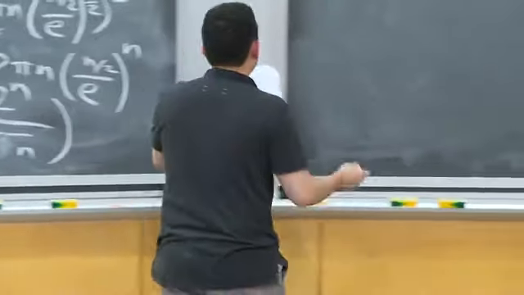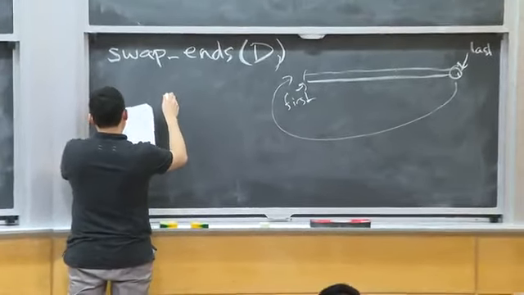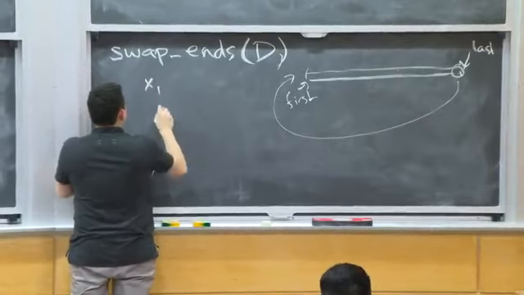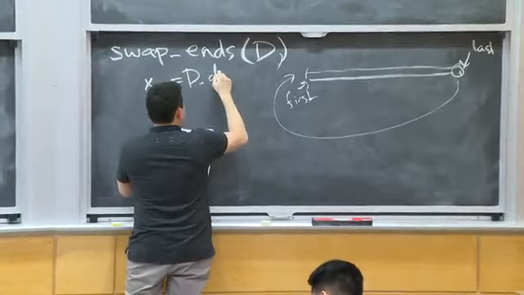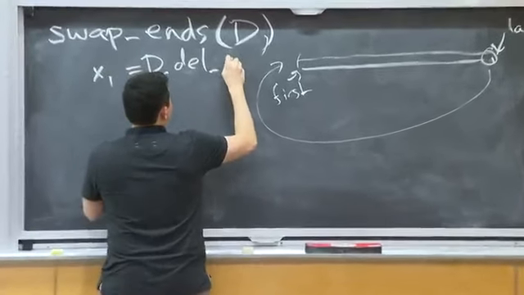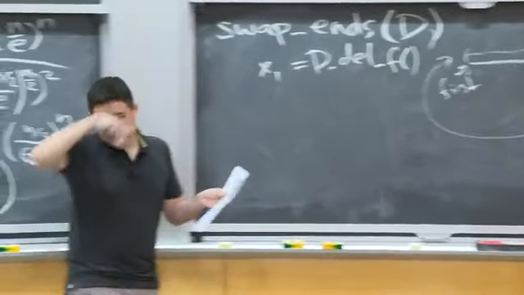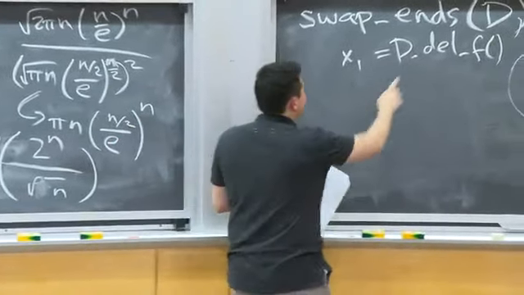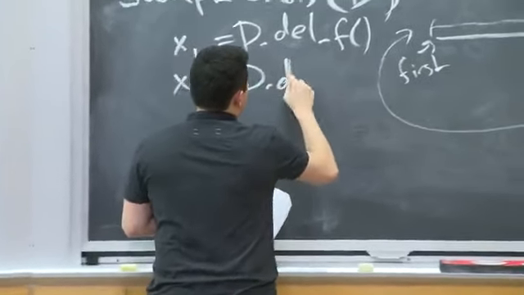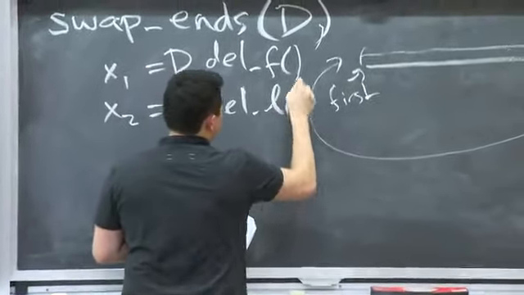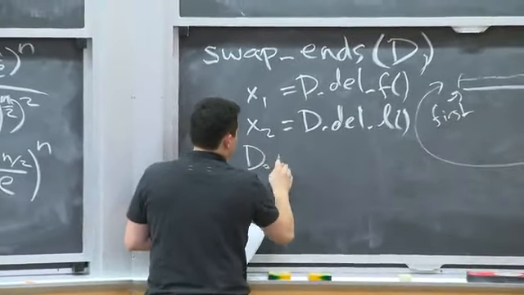Okay, so if I were to write a little pseudocode for this, I might take the first one, and delete first. Okay, I'm really abusing notation here, but that's okay. You get what I'm saying. Delete the last, and then store them in their respective places.